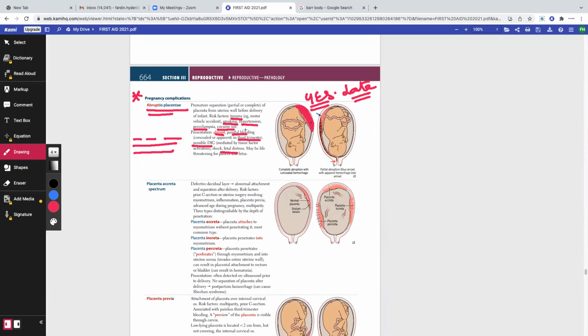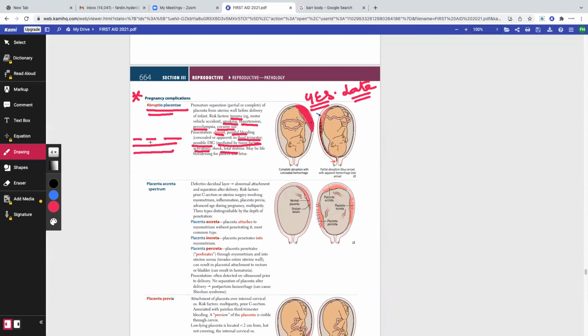Yes or no? The answer is yes. So this is mediated by tissue factor activation. Tissue factors are activated if amniotic fluid or phospholipids reach the maternal circulation. So we will have activation of the extrinsic and the intrinsic pathway.